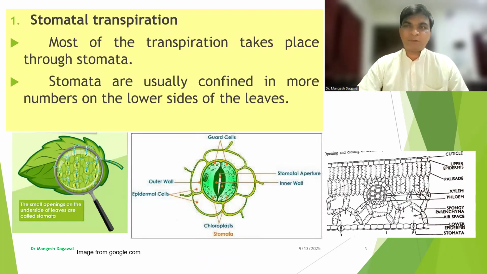as the stomatal transpiration. यानी जो भी एक्सेस वाटर प्लांट से बाहर निकल रहा है, लॉस हो रहा है थ्रू दी स्टोमेटा, ऐसे टाइप के ट्रांसपिरेशन को कहेंगे स्टोमेटल ट्रांसपिरेशन. और ये जो स्टोमेटा है, these stomata are usually confined in larger numbers to the lower side of the leaves. जैसे जो लीफ है उसको डॉर्सल सरफेस और वेंट्रल सरफेस होता है, so a large number of stomata are present on the lower side of the leaves.